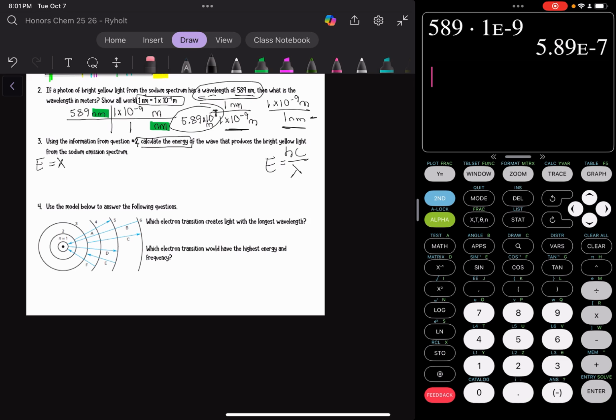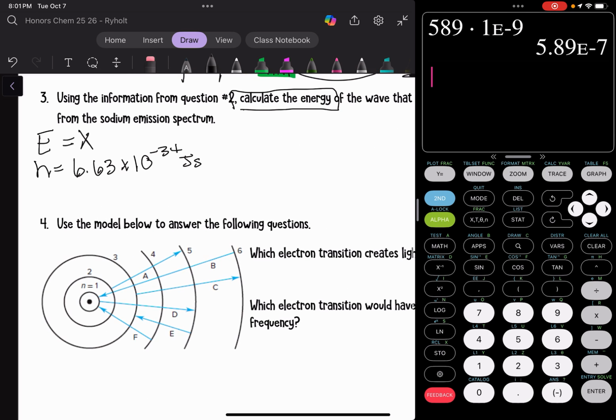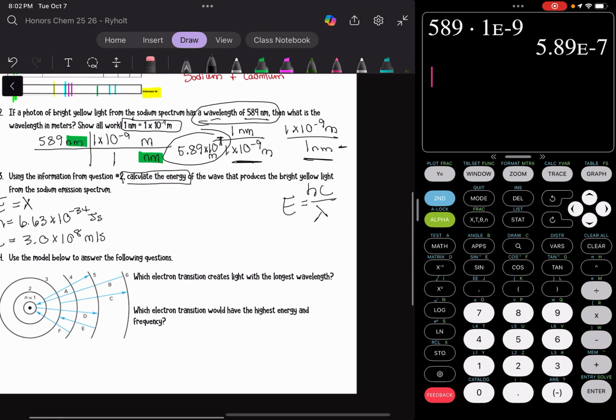All right, so we already know that h equals Planck's constant, which is always 6.63 times 10 to the -34 joule seconds. And for the speed of light, we're going to simplify that to 3.0 times 10 to the 8 meters per second. And then the wavelength is the one that we calculated.